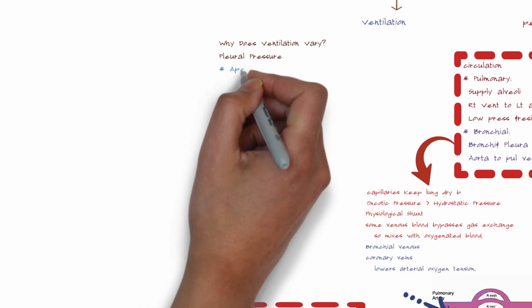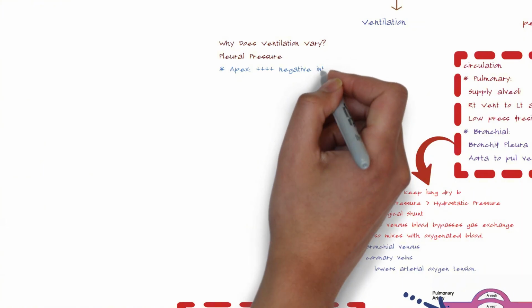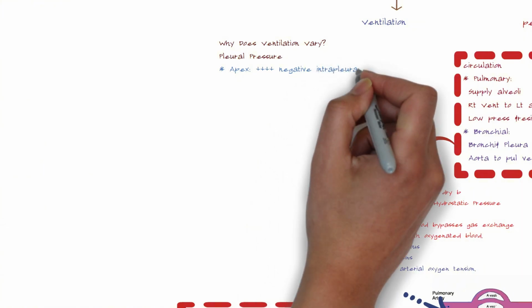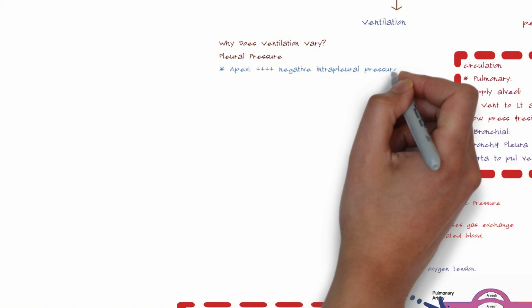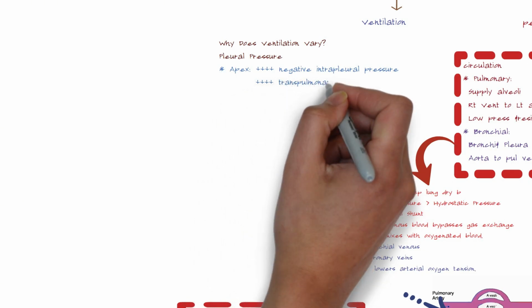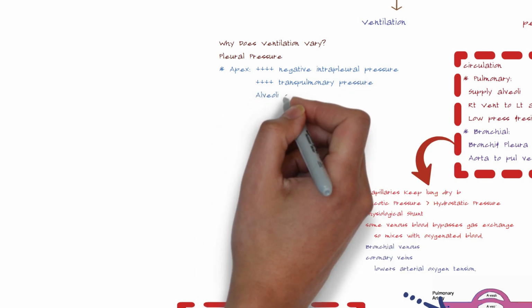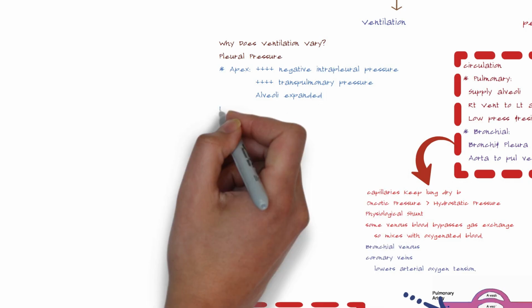The apex has a more negative intrapleural pressure. This causes the alveoli to expand since it increases the transpulmonary expanding pressure, so the alveoli are already stretched. So during inspiration there is less ventilation since there is no room for more expanding.